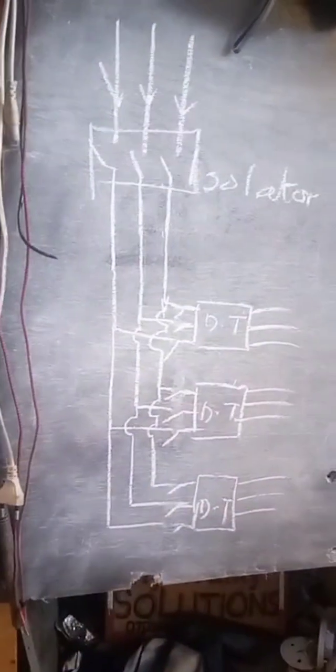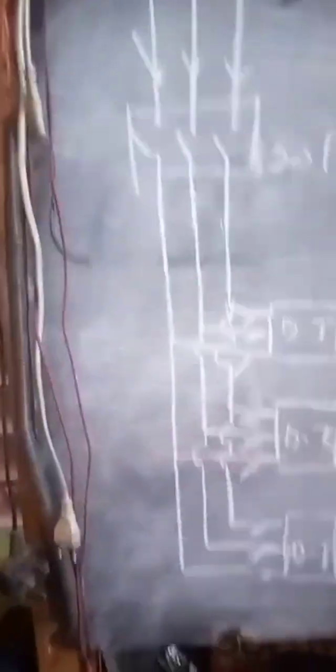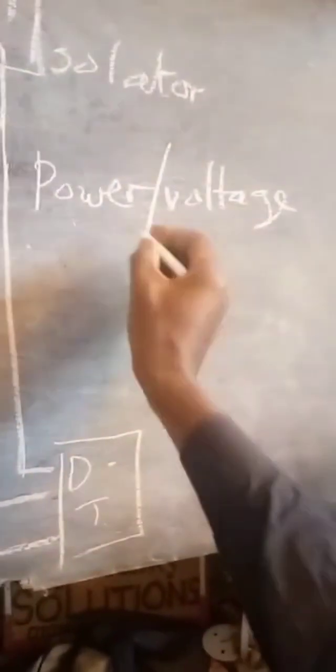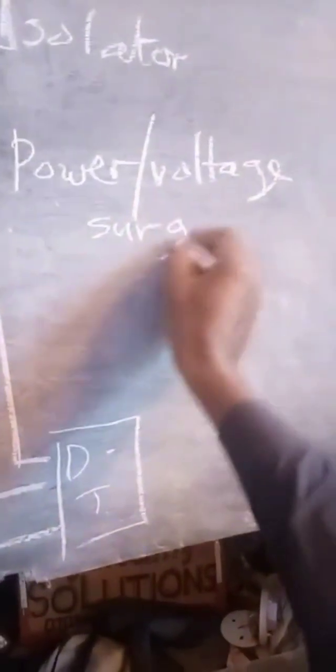Then we need to protect our circuit from something called surge. Remember, let me use one distribution transformer to illustrate this. There is something called power or voltage surge.